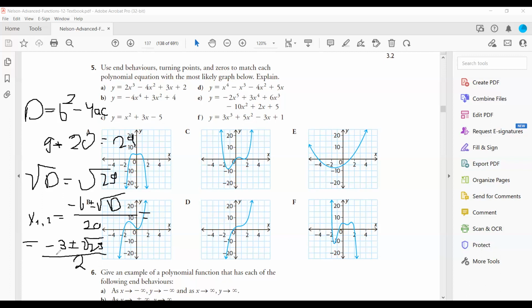This would be our two roots for this function. We can approximate the square root of 29. Let me use the calculator. So, where is it?